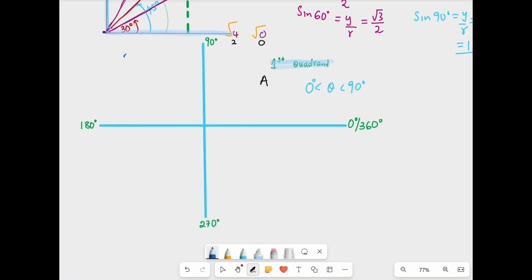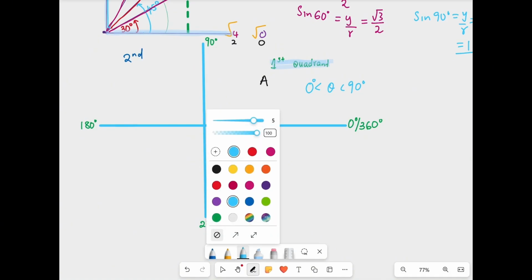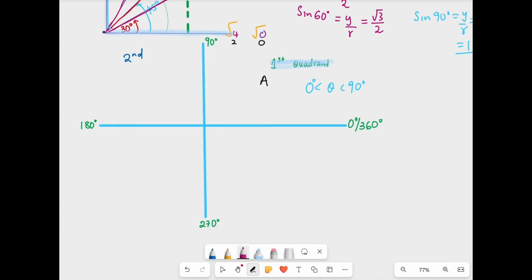In the second quadrant, the only ratio that is positive, obviously with its reciprocal, is sine. Remember, sine goes with cosec. So if sine is positive here, cosec is also positive.